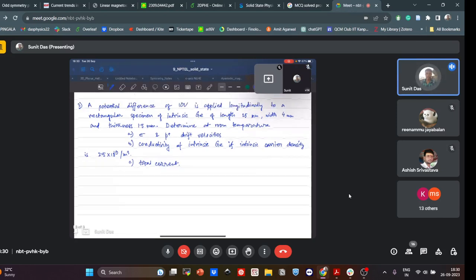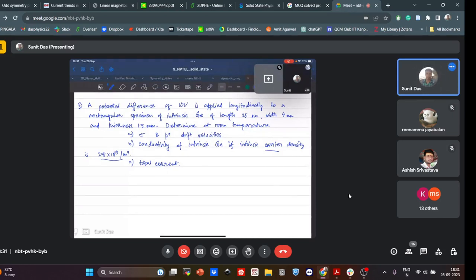A potential difference of 10 volts is applied longitudinally to a rectangular specimen of intrinsic germanium, and the dimensions are given. Now we need to determine electron and hole drift velocity, and then intrinsic conductivity given the carrier density is 2.5 into 10 to the power 19 per meter cube, and finally the total current, not the current density.